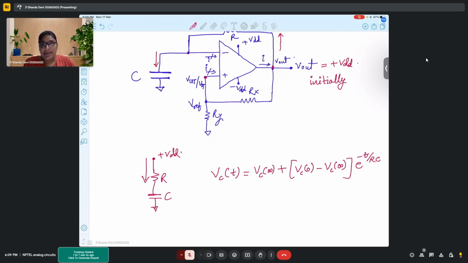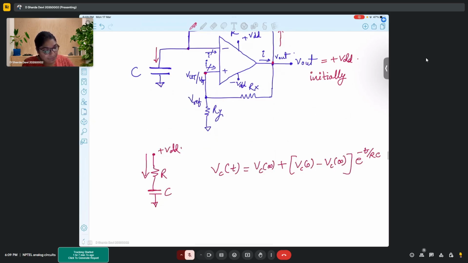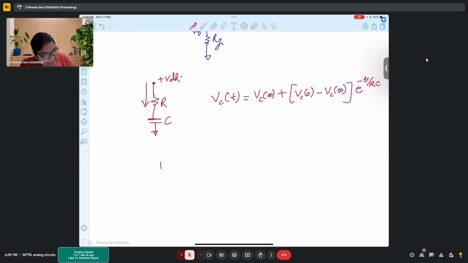And let's say if my capacitor is at a higher potential, so this is C and this is, let's say, minus VDD, okay? So if my capacitor is at higher potential and it has charged to its full potential, like plus VDD for now, then simply it will start discharging through the resistor R. So again, it will follow the similar trend.